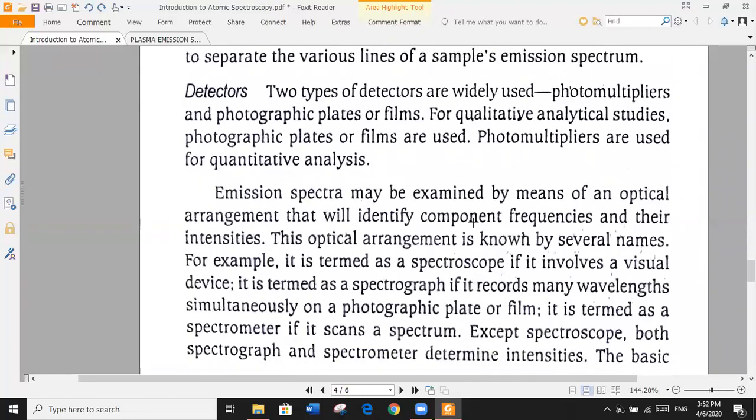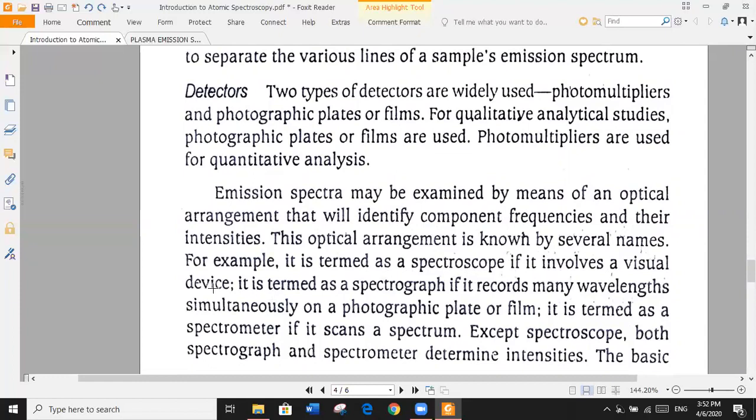Emission spectra may be examined by means of an optical arrangement that will identify component frequencies and their intensities. This optical arrangement is known by several names. For example, it is termed a spectroscope if it involves a visual device.